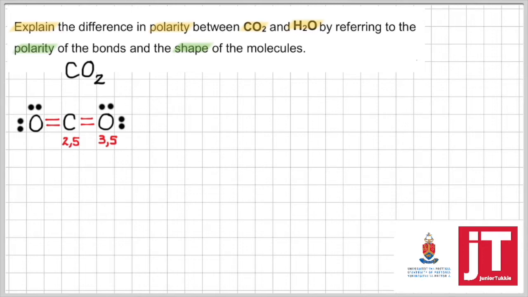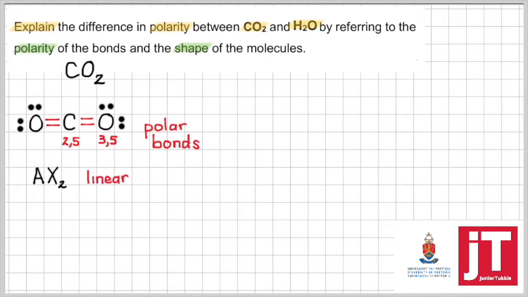All that this means is that the bonds in this molecule are polar bonds. And since we have polar bonds, we need to take things further and determine what type of shape the carbon dioxide molecule has. We complete the general formula, which in this case becomes AX2. And this tells us that we have a linear shape.